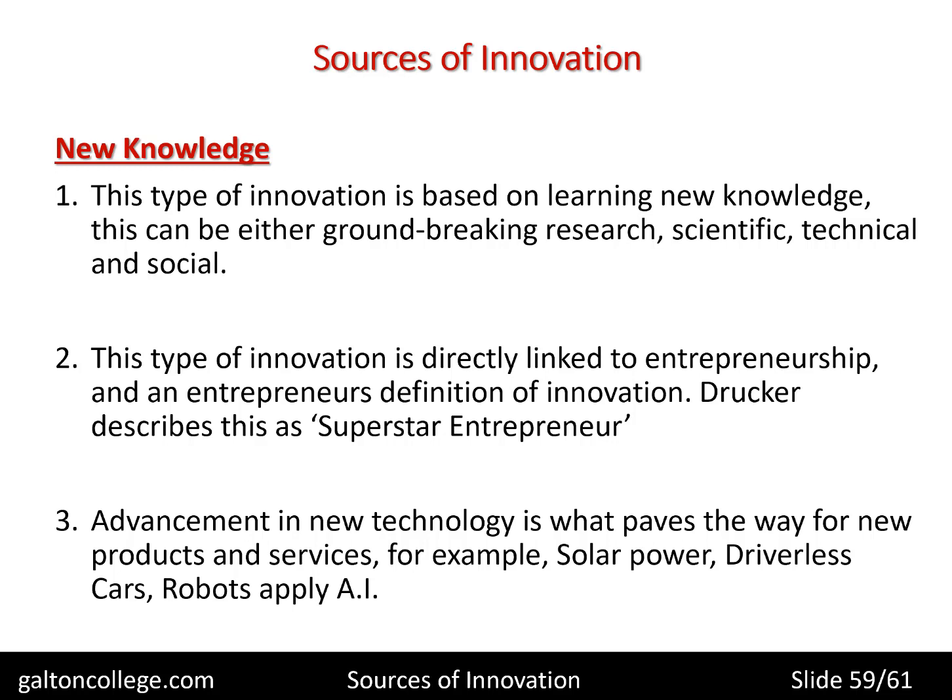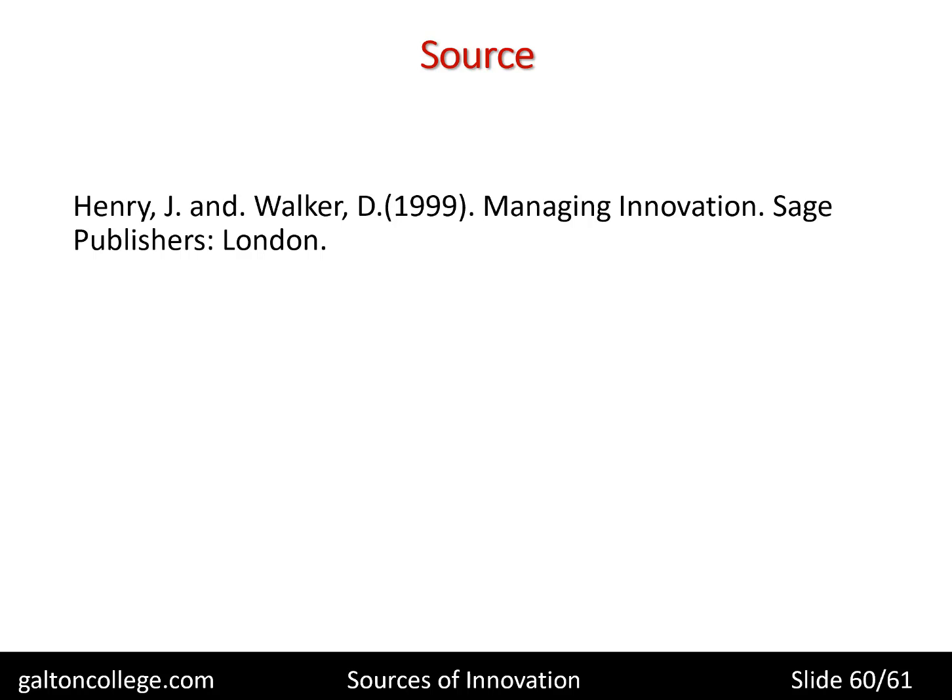But to have the accolade of superstar entrepreneur, it must be radical and different and addressing a need that perhaps hitherto had not been even identified. That's the source of a lot of what we were dealing with here.